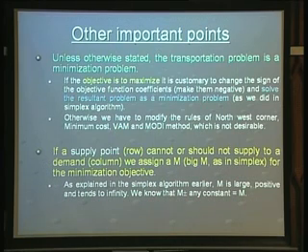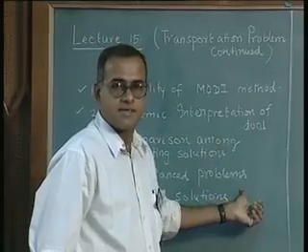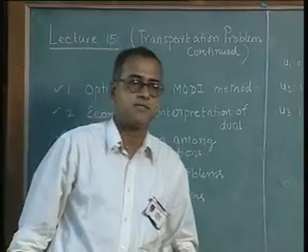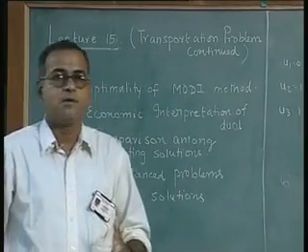So this is how we convert every unbalanced transportation problem into a balanced transportation problem. Every unbalanced problem can be converted to a balanced problem by adding either a dummy row or a dummy column, depending on whichever is necessary. Always the dummies will have cost equal to 0.